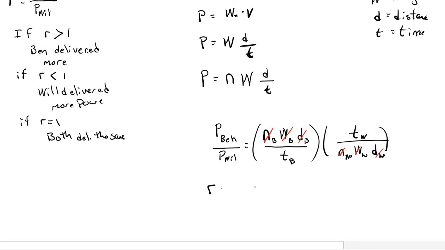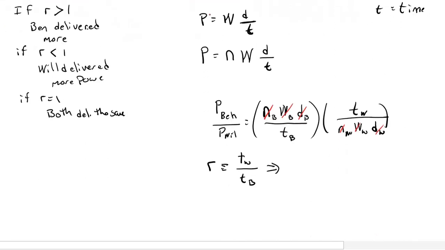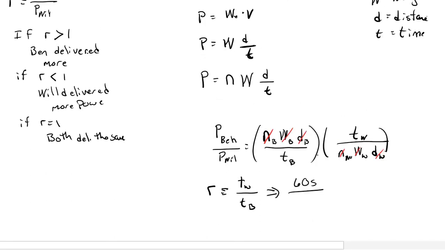So we have R is equal to TW, which is the time of Will, over the time of Ben. Let's put some numbers in here. Looking back at our givens, the time of Will is 1 minute, so that means 60 seconds, over the time of Ben.